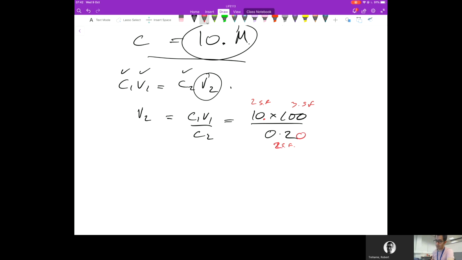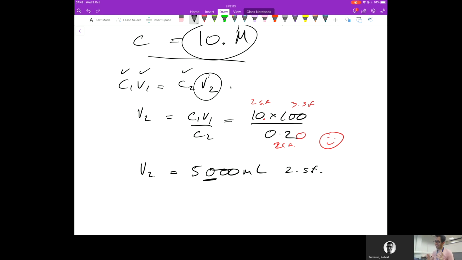I actually put 0.0 at the end of it. 0.20. Phew. So do that calculation, and your second volume needs to be, I told you it was 50-fold, so 5,000 milliliters, and that's 2 sig fig, right? Okay, so that's my second volume.